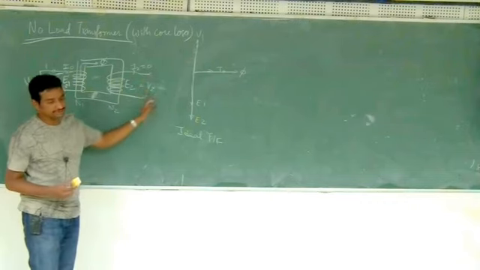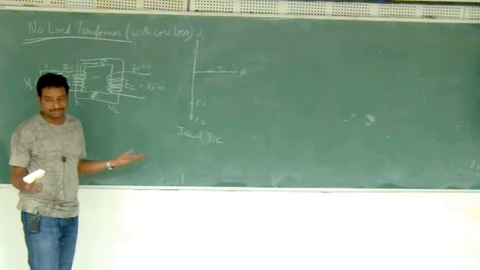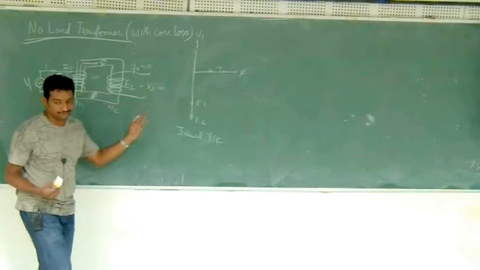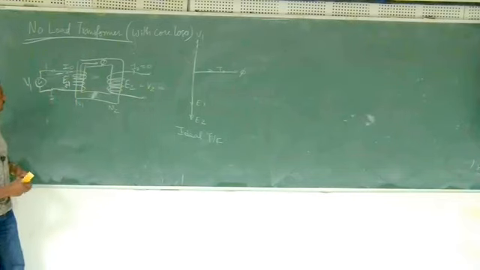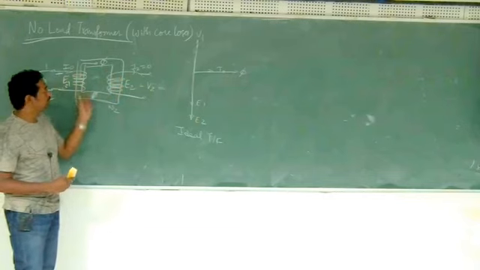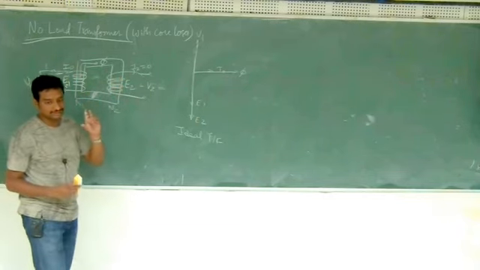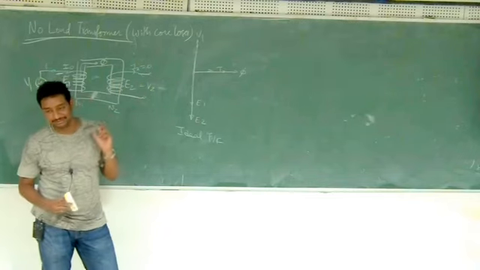But the output is 0. So where is this active power going? Why is it drawing active power when there is no load? The answer is that this iron core, because the flux is alternating in it, is getting heated up and consuming some power.